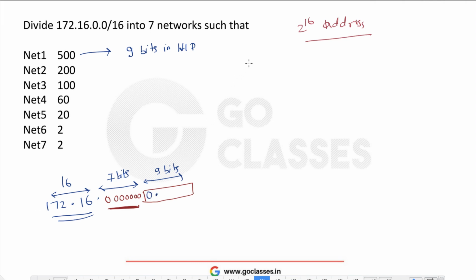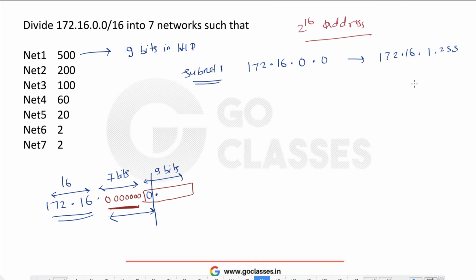So the range of the first subnet will be 172.16.0.0 to 172.16 dot, it will be 1 here, right? So this is the last bit of this octet. So for this octet, this is the last bit, so it will be 1 if you have all ones in the 9 bits. So if you have all ones, it will be .1.255. This is the range of the first subnet.